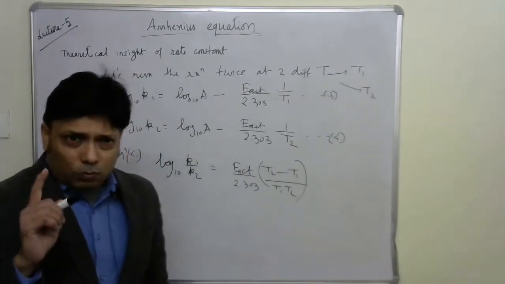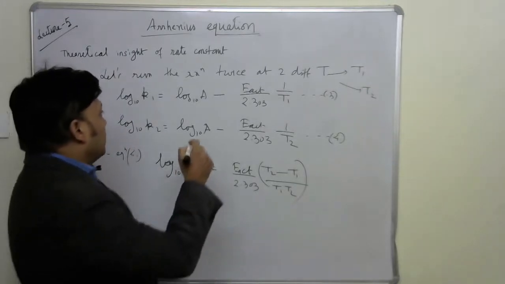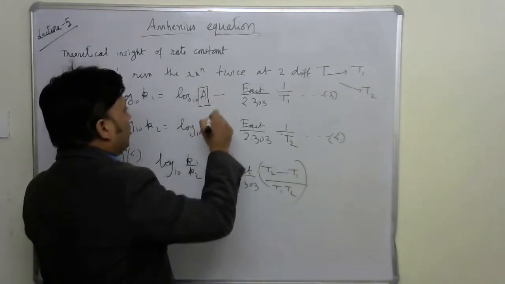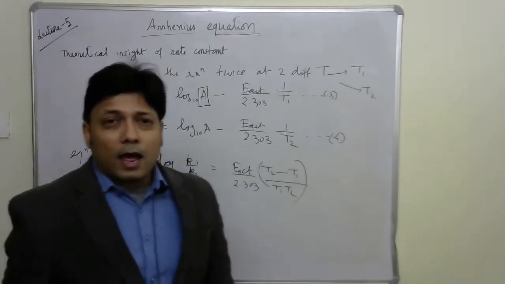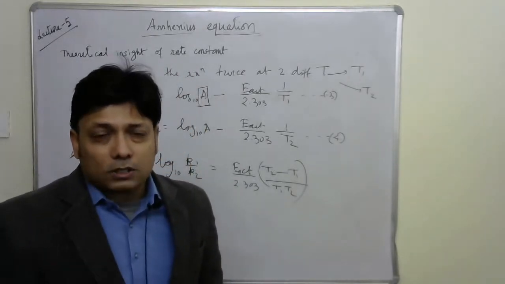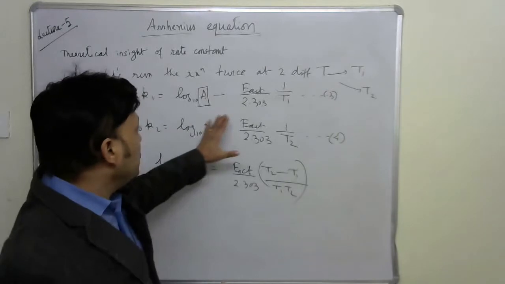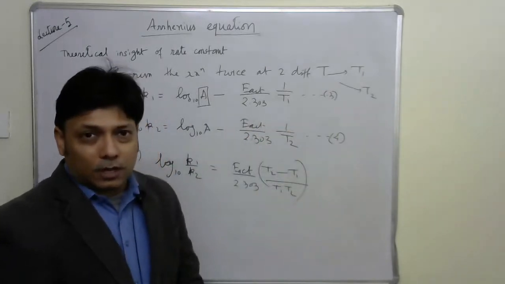Now, one important thing is that this A, the pre-exponential factor or frequency factor, has been assumed to be constant, or independent of the temperature T. That is one assumption.